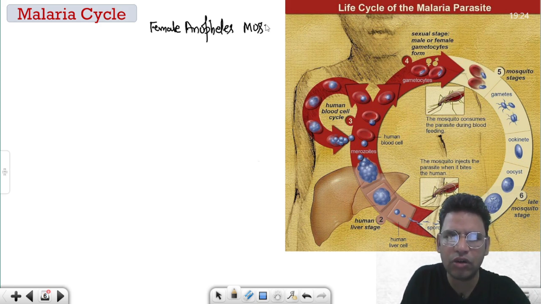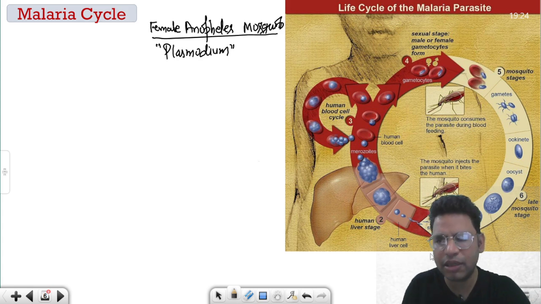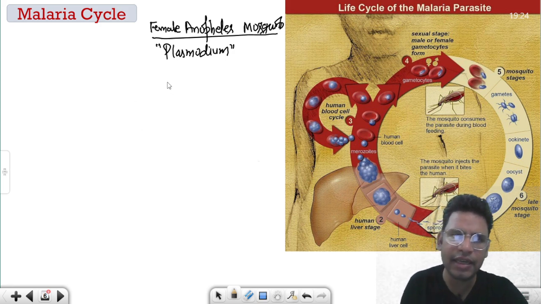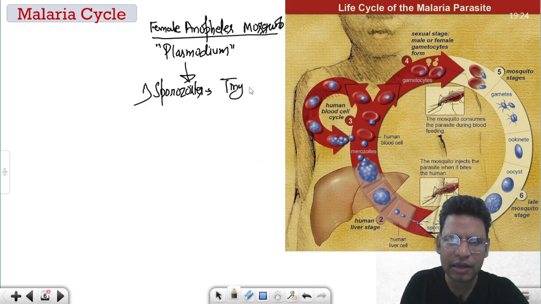If it is carrying this Plasmodium, it injects tiny malaria parasites called sporozoites. You just follow this diagram. These sporozoites are tiny malaria parasites.